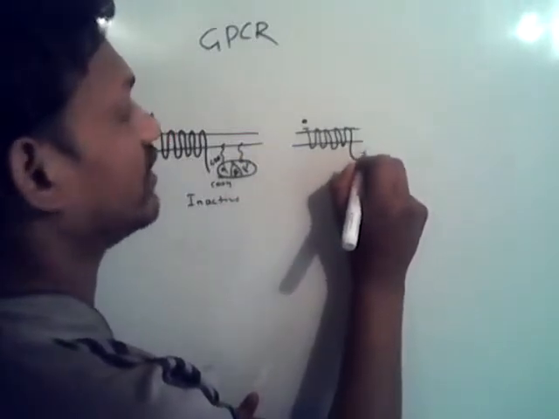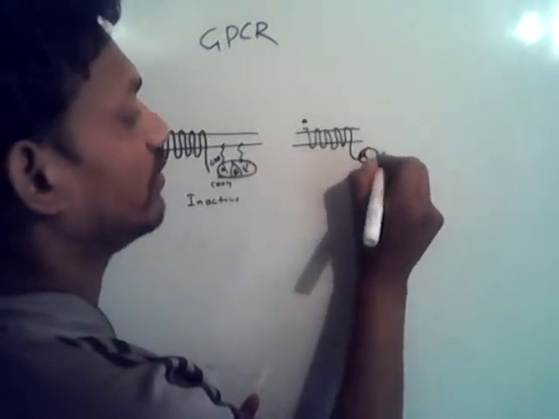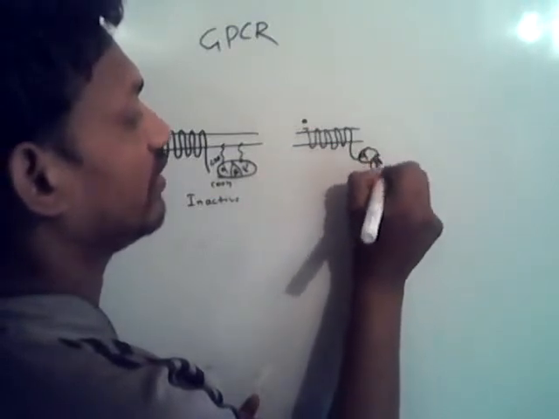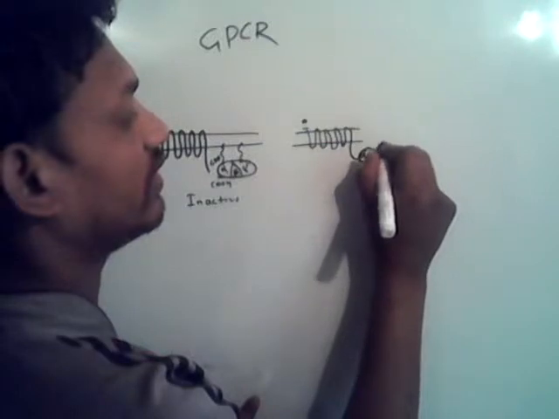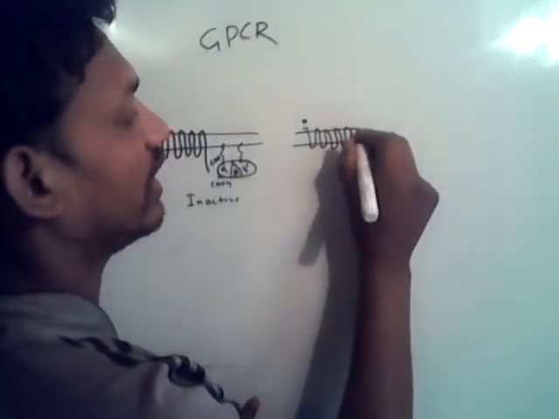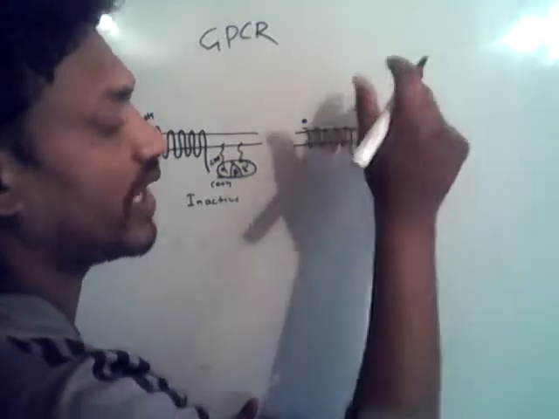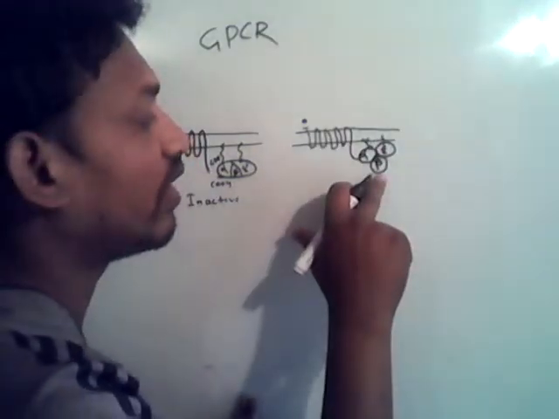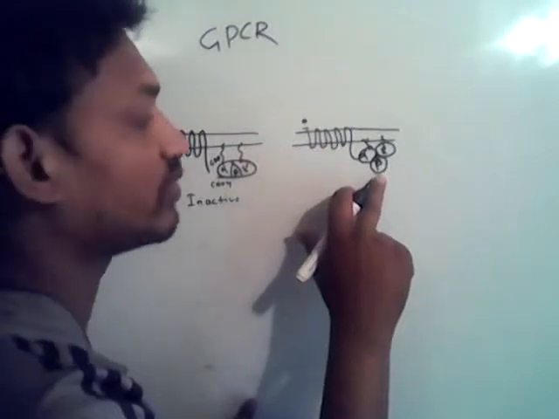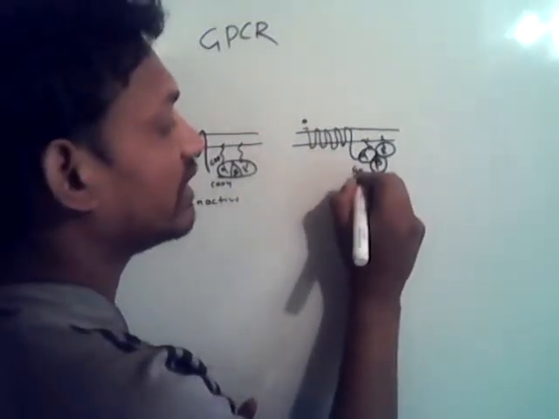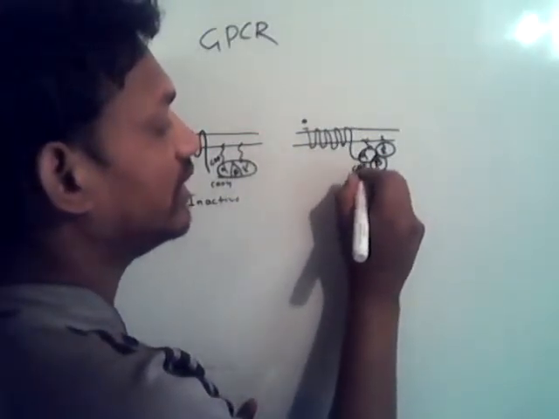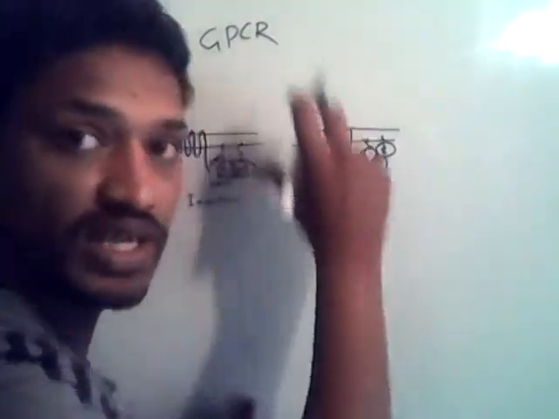For example, this is the alpha, beta and gamma. As you know, gamma and alpha bind directly to the membrane. Beta is not directly bound to the membrane. It contains GDP.